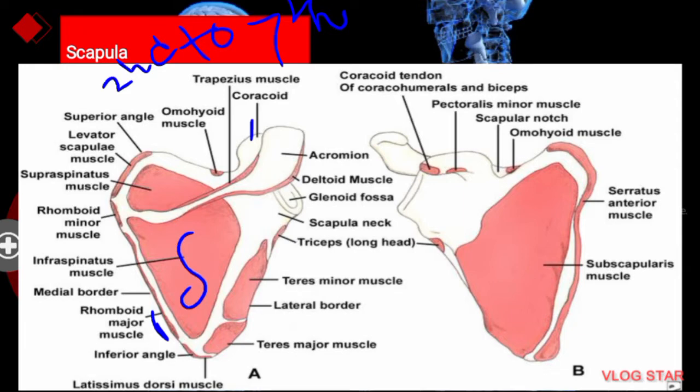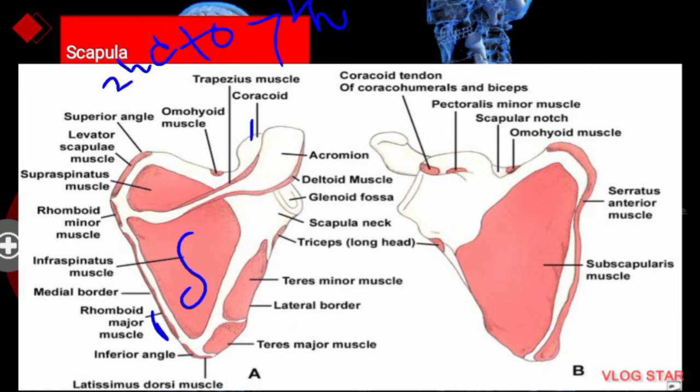Teres major muscle, lateral border, teres minor muscle, triceps. These are triceps. Scapular neck, glenoid fossa, deltoid muscle, and this is the acromion. Here is the coracoid, tendon of coracobrachialis and biceps.